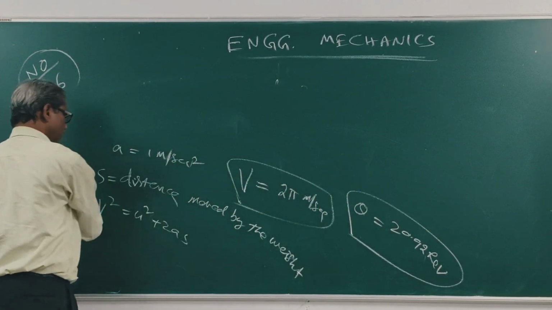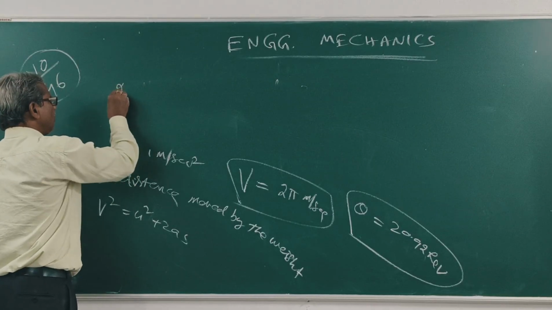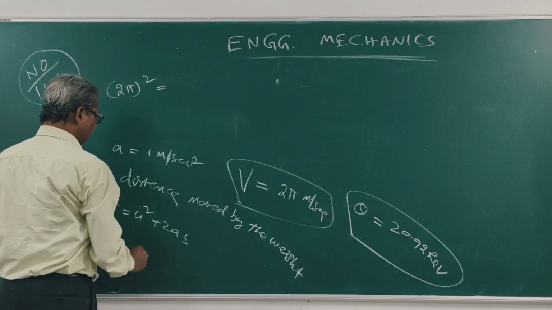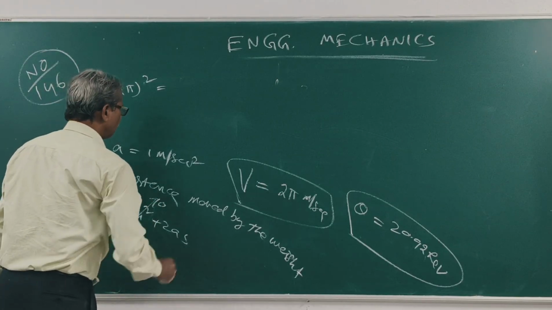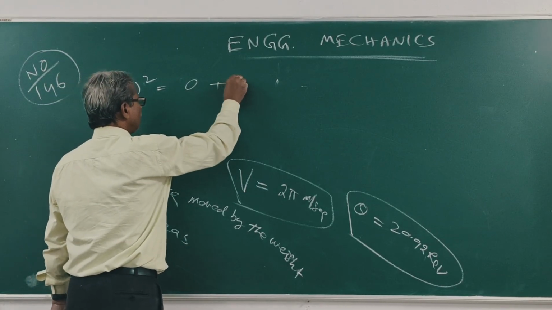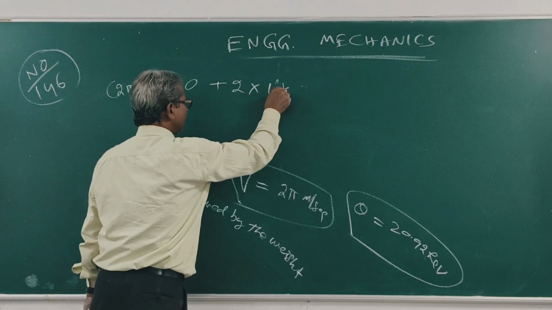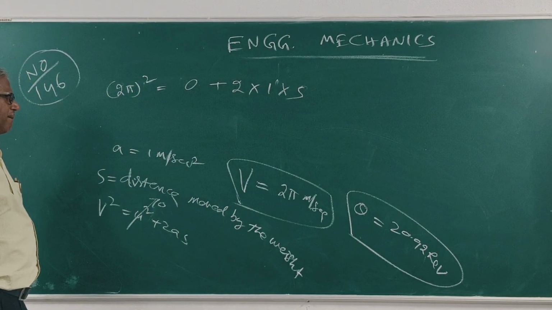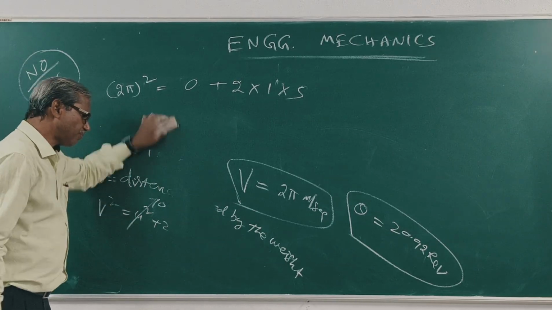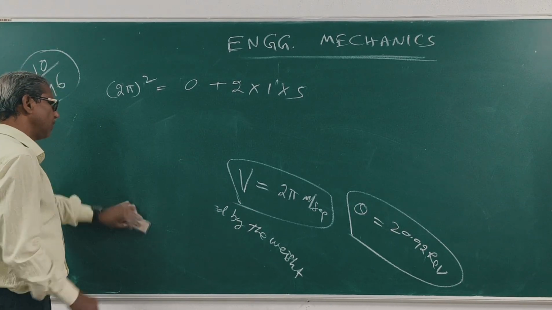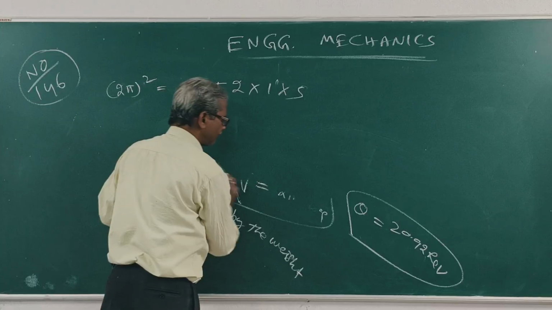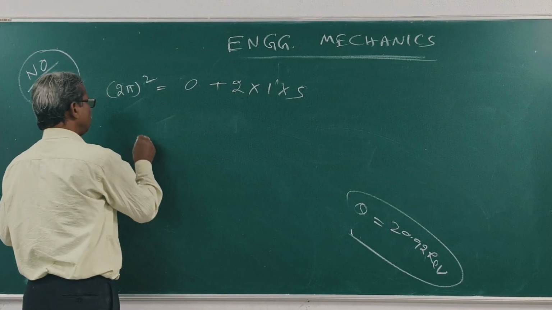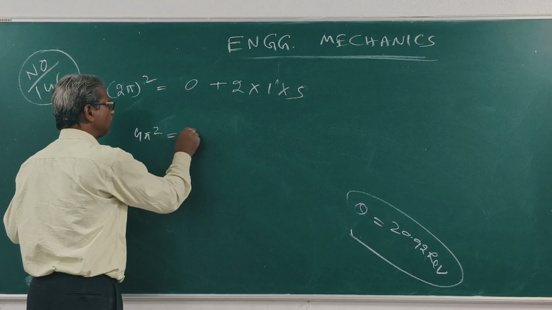So 2 pi square is equal to u square, which is 0, plus 2 into 1 into s, right? So 4 pi square is equal to 2s.